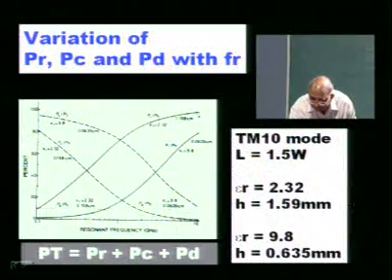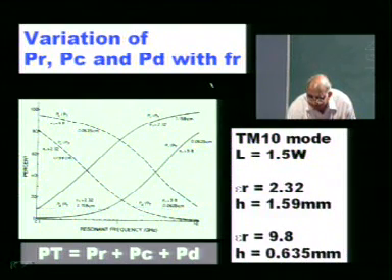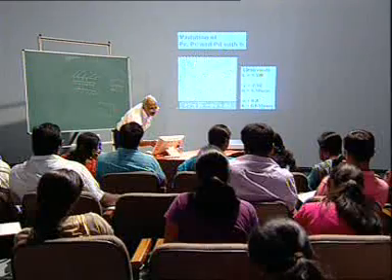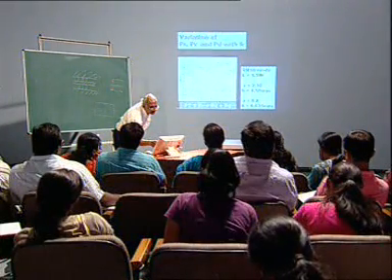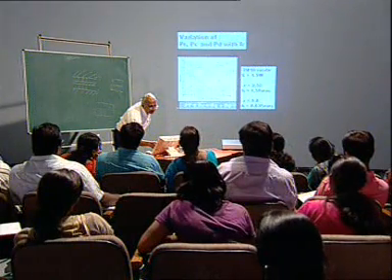Let us concentrate on this one. This is PR over PT, that is radiation efficiency. Let us compare these two cases: one is epsilon r 2.32, one is epsilon r 9.8.